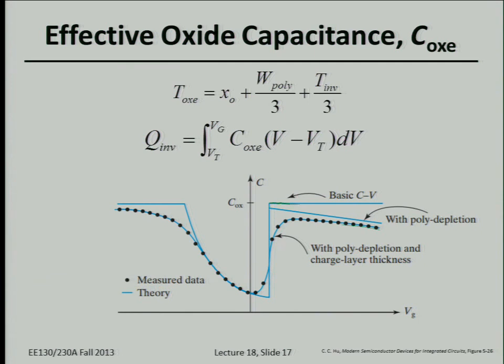So the ideal would be this case here, which is what we covered last time. But in reality, because of the thickness of the mobile charge layer, the capacitance will never reach the ideal oxide capacitance. It'll be lower. So the reason you never reach COX is due to inversion layer thickness.